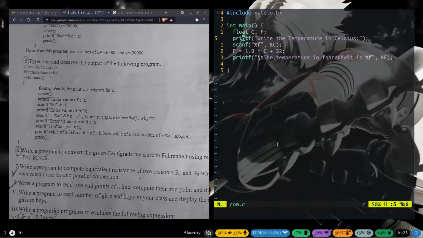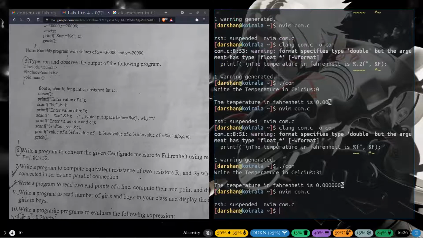The temperature in Celsius is scan F and C, and printf the temperature in Fahrenheit is F and F. Why is it happening? Is it because I chose the capitals here? So FF, is that what is happening? I do not know really.